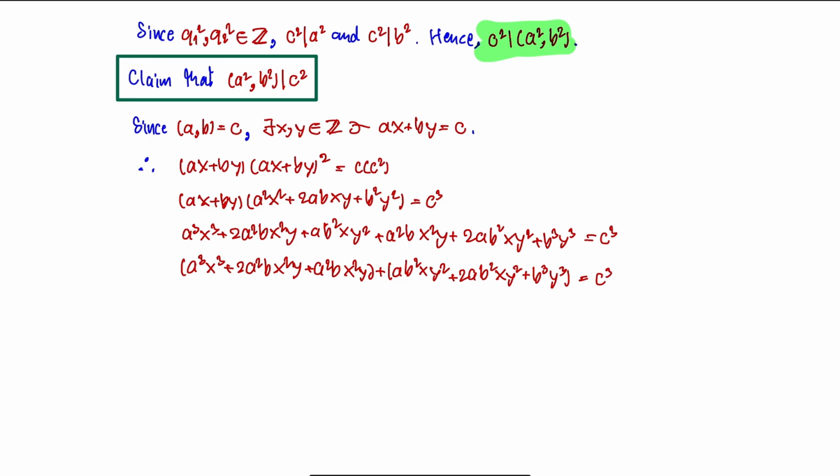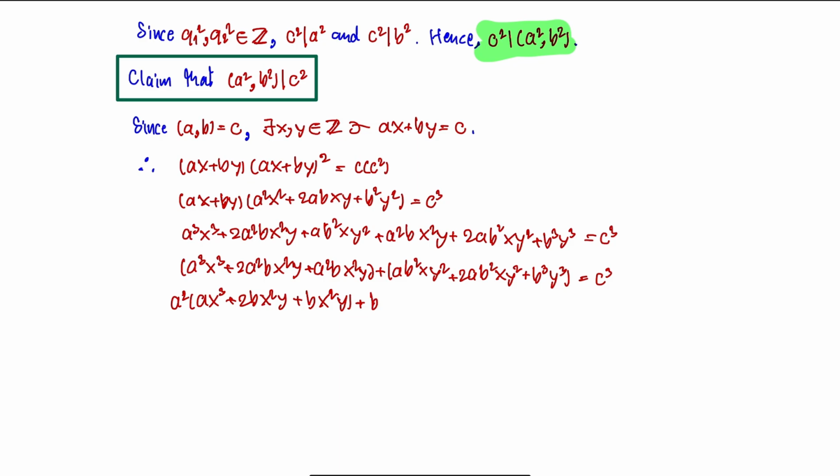And this term has a squared as a common factor. So we're going to have a squared times (ax cubed plus 2bx squared y plus bx squared y). And these three terms have b squared as a common factor.